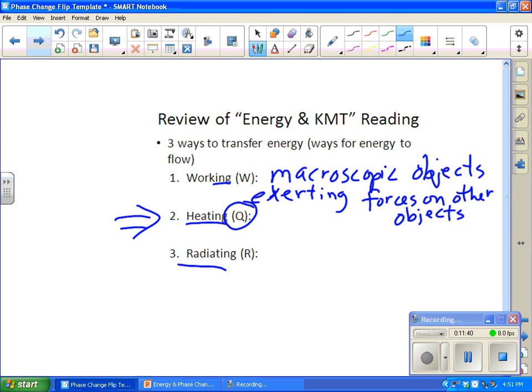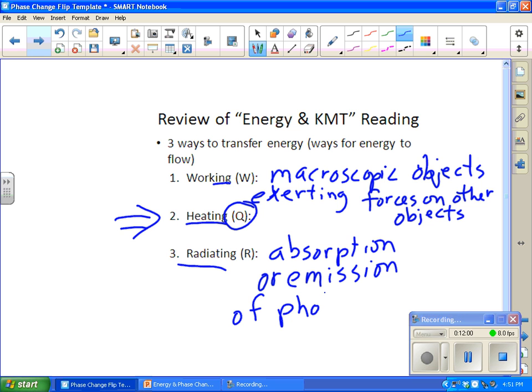And we mentioned earlier in the year that radiating is energy transfer by absorption or emission of photons. Photons are packets of light. Sometimes they're referred to as particles of light.